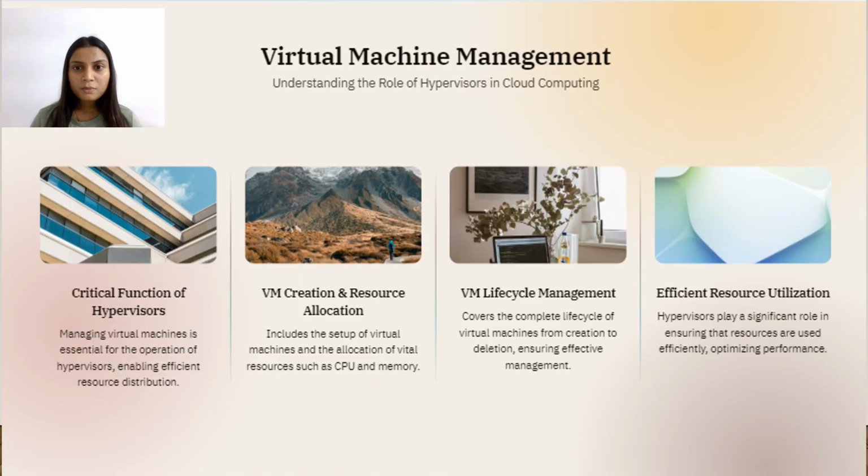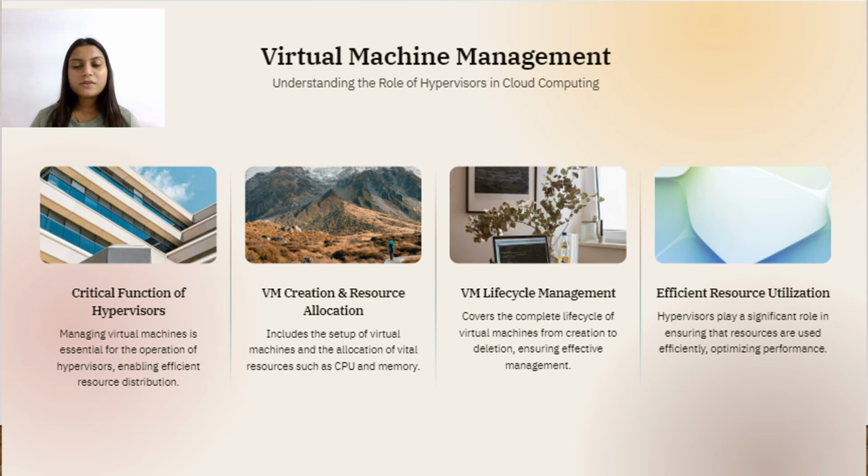Now, virtual machine management, understanding the role of hypervisors in cloud computing. The first one is a critical function of hypervisors, which is managing virtual machines, essential for the operations of hypervisors, enabling efficient resource distribution. VM creation and resource allocation is also a part of virtual machine management, which includes the setup of virtual machines and the allocation of vital resources such as CPU and memory.